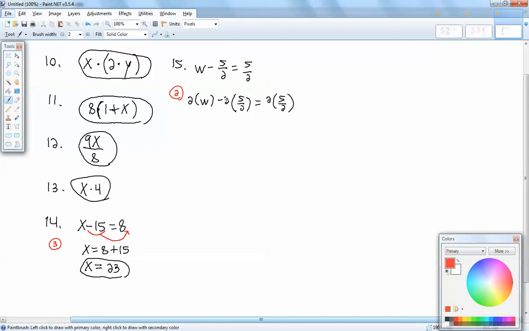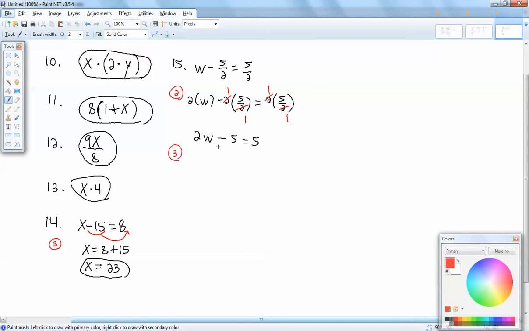Okay. 2 and 2 are both divisible by 2. 2 divided by 2 is 1. Here, same thing. If all of your denominators have disappeared, that means you picked the right LCM, or at least picked a common multiple. So we're left with 2W minus 1 times 5 is 5 equals 1 times 5, which is 5.